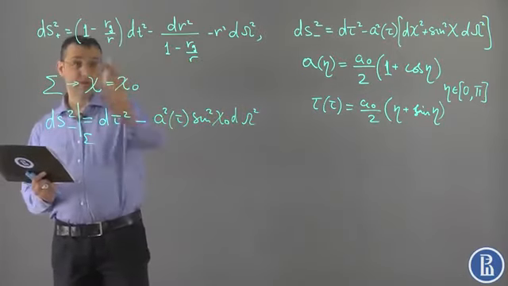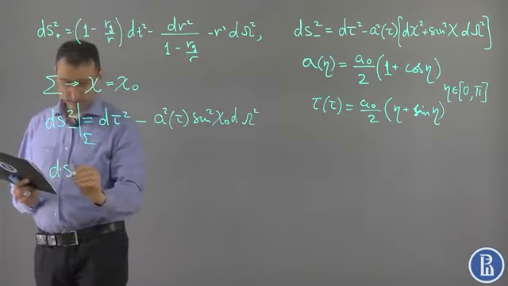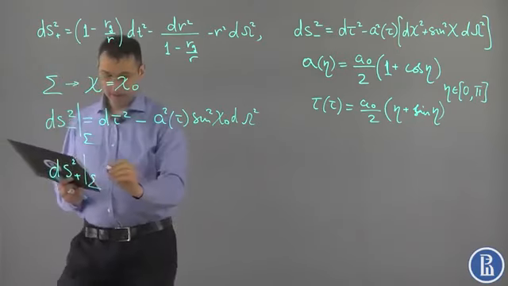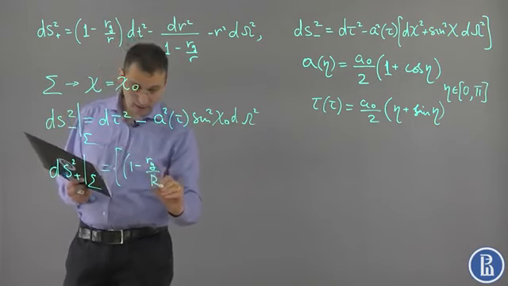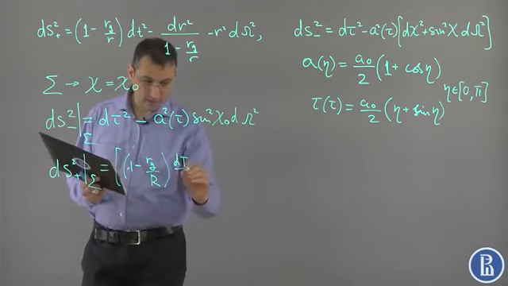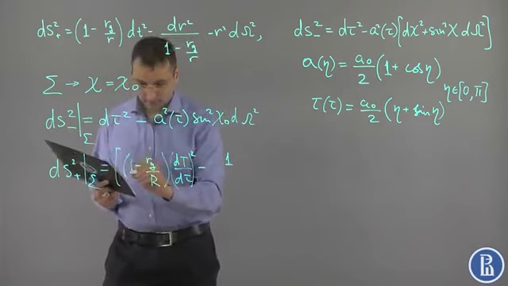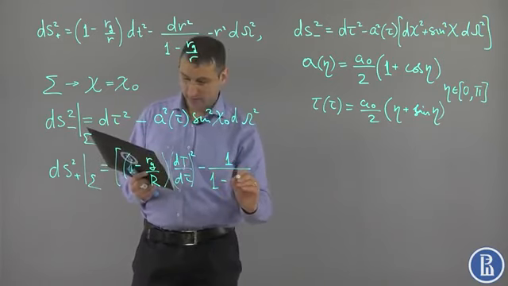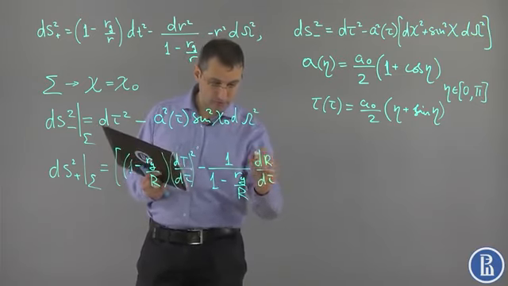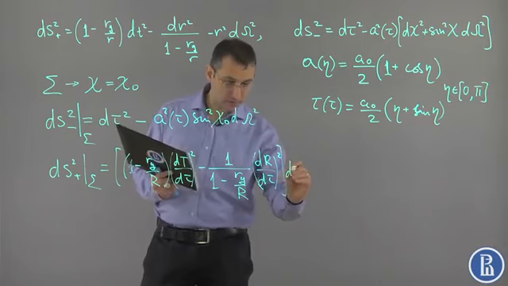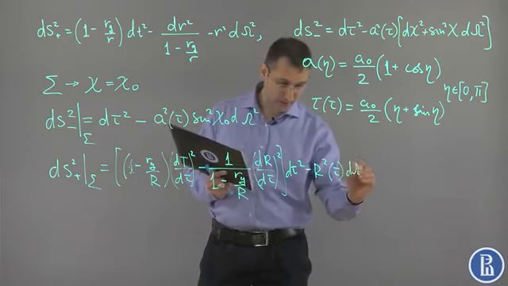At the same time, the metric on this surface sigma, from the point of view of the Schwarzschild metric, is just ds squared on sigma equals (1 minus rg divided by r) (dt over d tau) squared minus 1 divided by (1 minus rg over r) (dr over d tau) squared, times d tau squared, minus r squared of tau d omega squared.